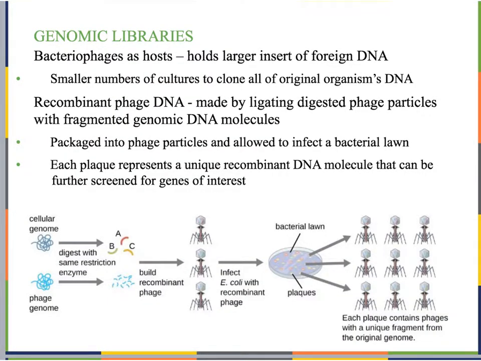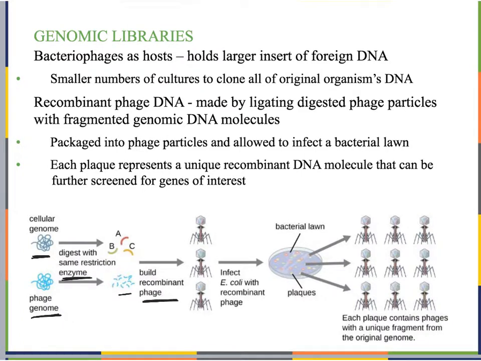We can also do this with bacteriophages as hosts. These are going to hold a larger amount of foreign DNA. Here we have our cellular genome and the phage genome. Again, we use the same restriction enzyme. We cut up the cellular genome, cut up the phage genome.